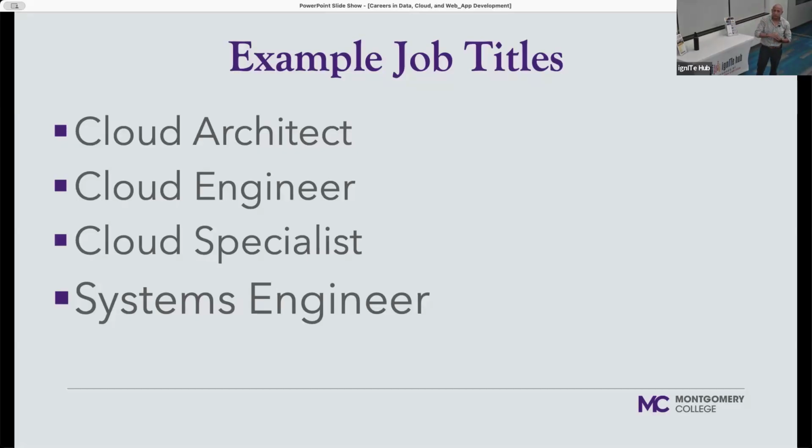So let's talk about the cloud specialist. The cloud specialist is the entry-level position in this area, and that's the one we are going to be exploring. Cloud architects and cloud engineers are like in the civilian world: an architect designs the building, but they need to know the possibilities of the materials.